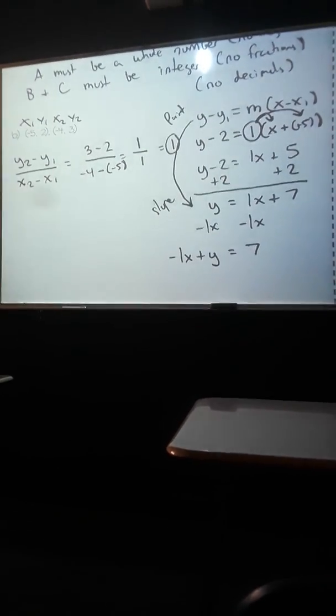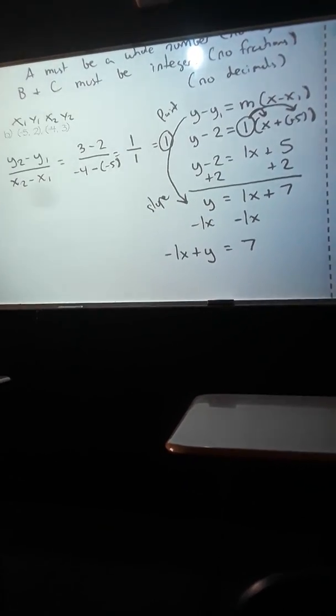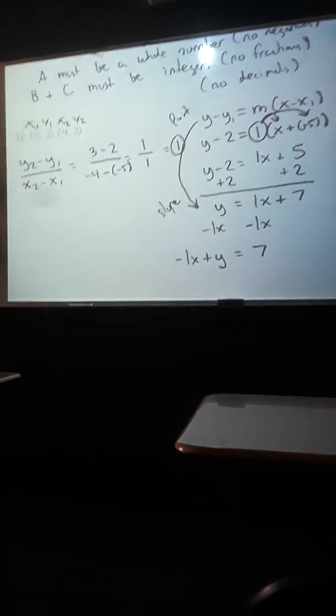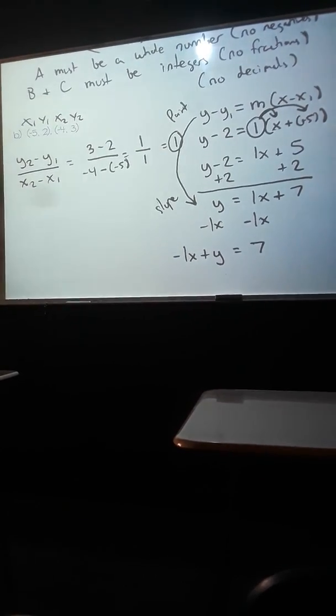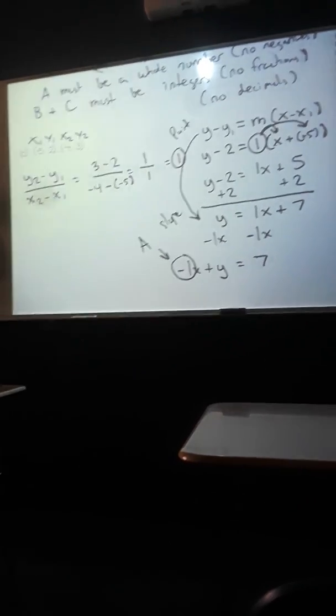But we're almost done. The reason why we're not done yet is we have to make sure our a, or the number that's in front of x, is positive. Our a right now is negative 1.